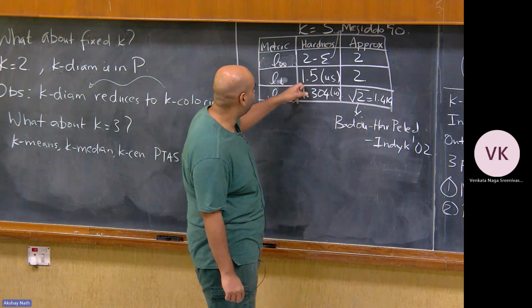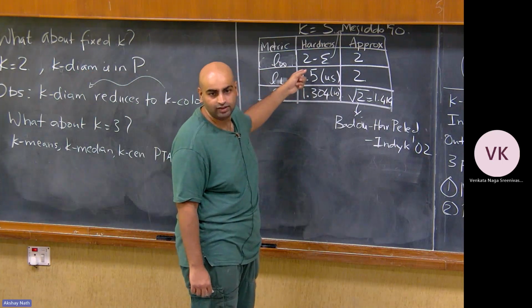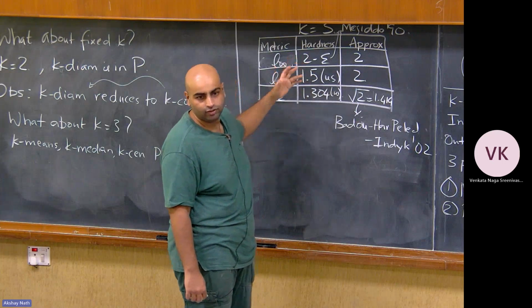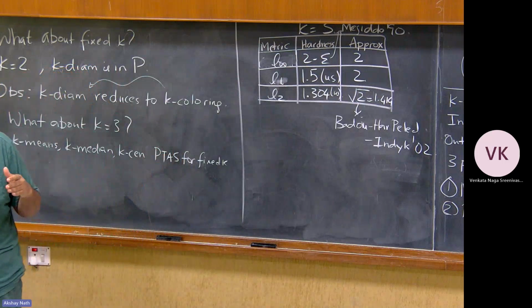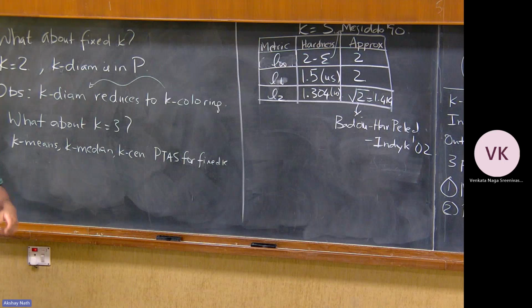If I get an instance of hardness for L1, in Hamming metric, so it's all 0, 1 vectors, the square root of that already implies hardness for L2, because the distances get square root compressed. So you get square root 1.5, which is like 1.2-ish.